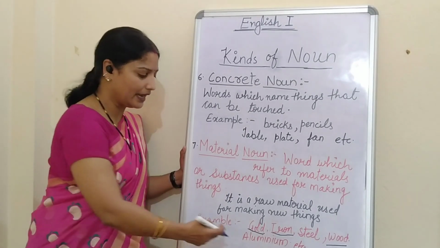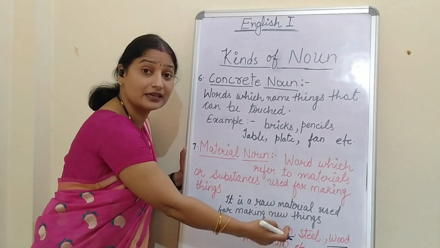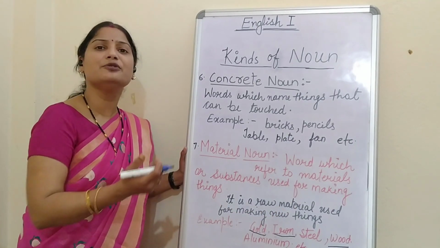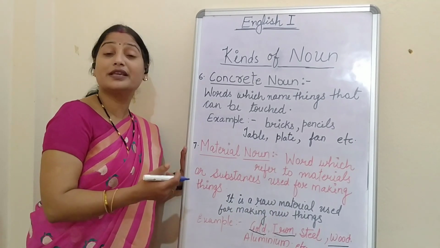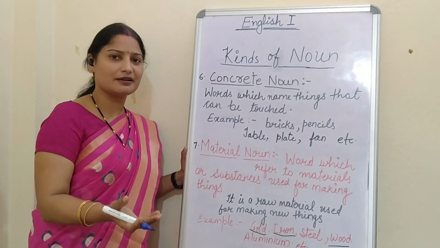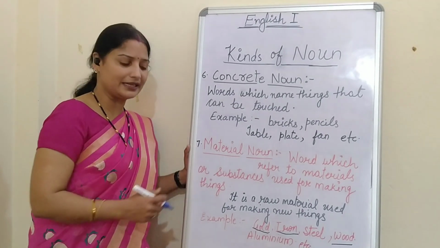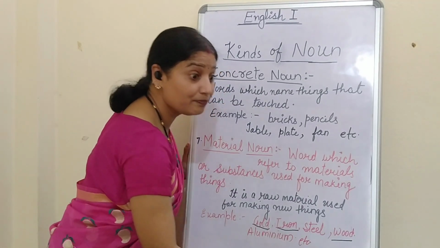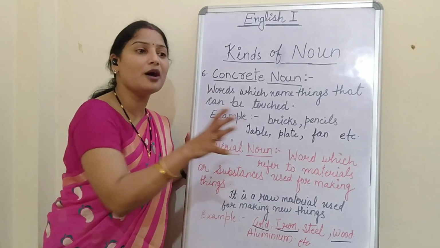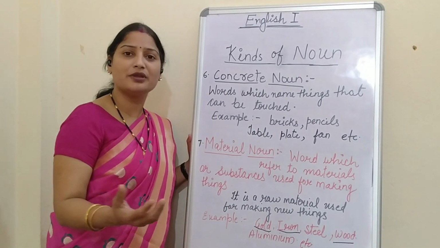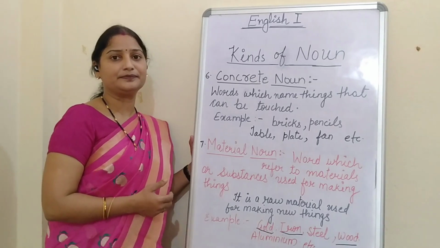In the same way, aluminium and steel are used for making some utensils. These are used for making wires. What are these? Material nouns. So we can say that a material noun is a name given to the raw material that can be used for making new things.